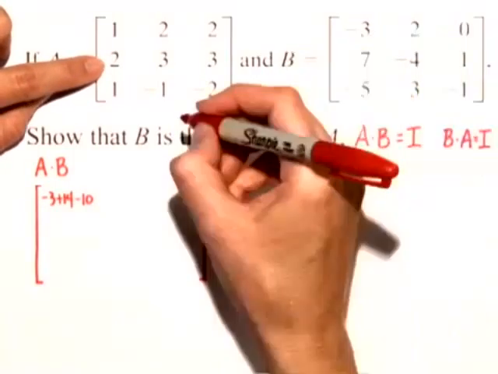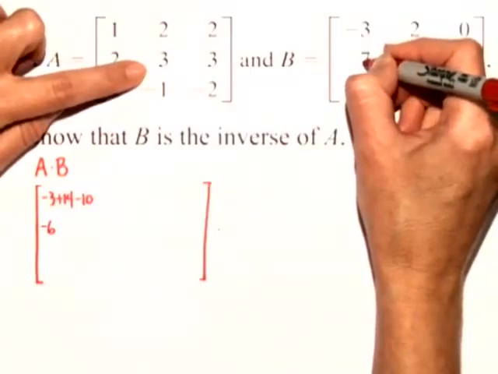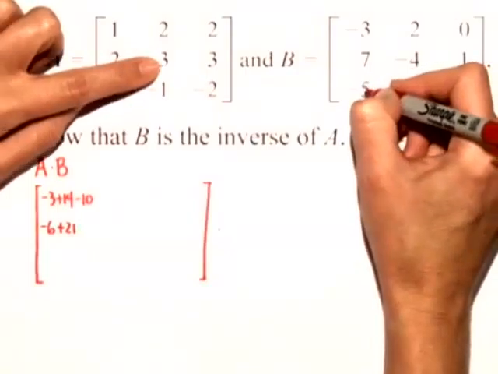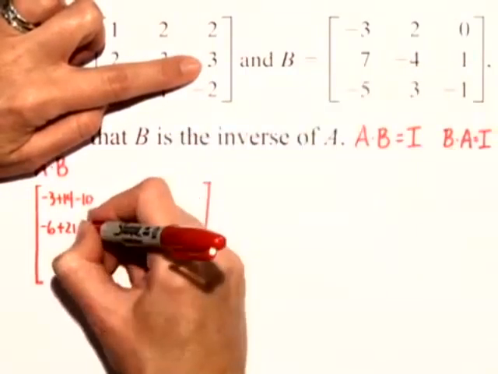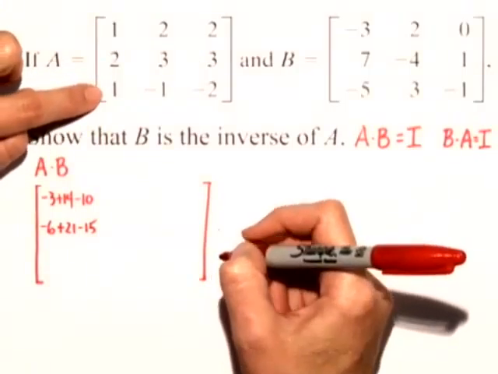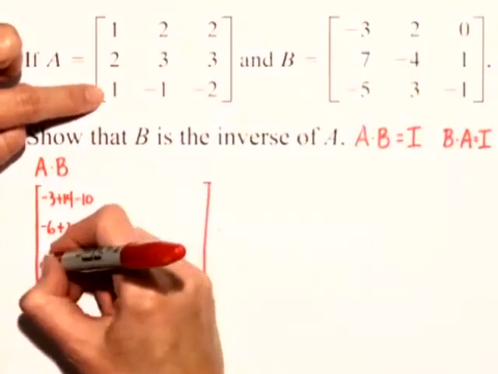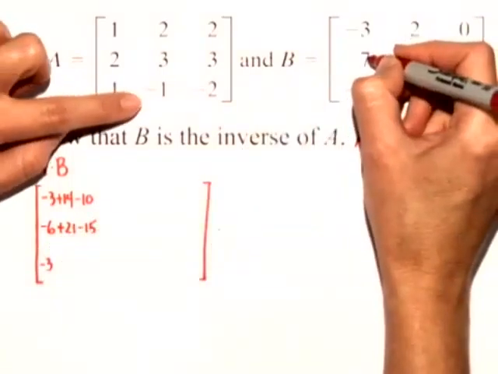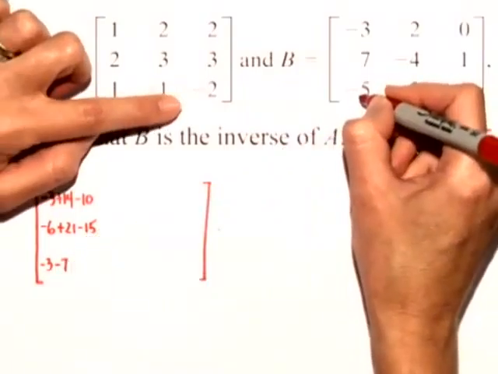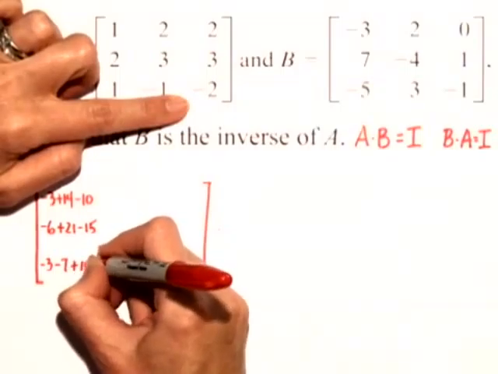We have 2 times -3, which is -6, plus 3 times 7, which is 21, plus 3 times -5, which is -15. Going down to row 3, column 1, we have 1 times -3, which is -3, plus -1 times 7, which is -7, plus -2 times -5, which is +10.